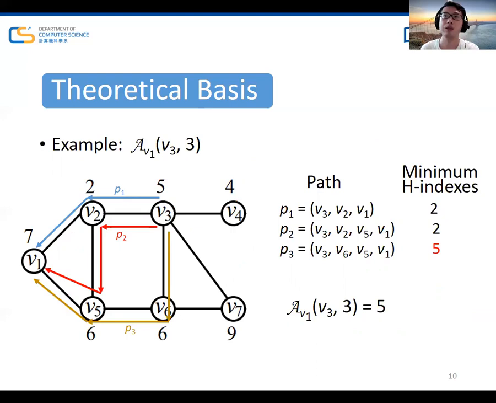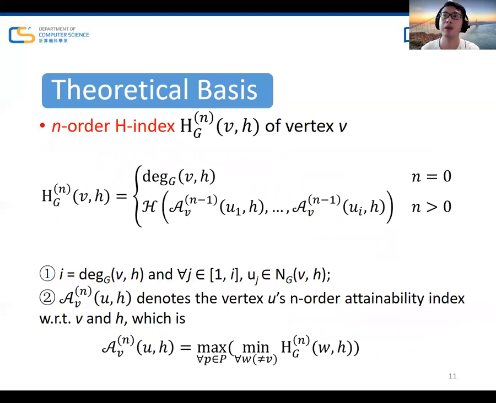For V3, there exist 3 paths from V3 to V1 whose distance is no longer than 3, that is P1, P2, and P3. First, we compute the minimum h-indexes for each path, which are 2, 2, and 5 respectively. Hence, the pairwise 3-attainability index of V3 with respect to V1 is the maximum of these 3 minimum h-indexes, which is 5.